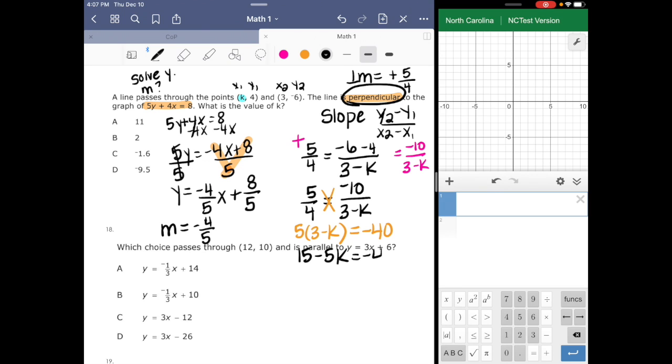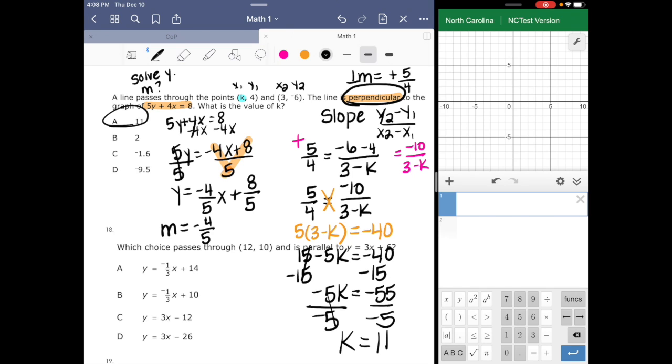So I have 15 minus 5k equals negative 40. And then I have minus 15. So negative 5k equals negative 55. And divide by negative 5. So k is going to equal positive 11. So my answer would be A.